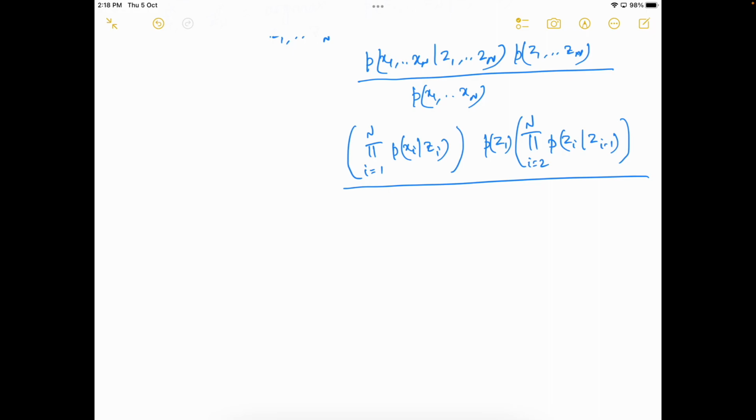Basically this term is a constant with respect to z, so we don't need to evaluate it. It does not play any role in optimization, so we can leave it like this. If you want to write it, you can say this is P of x comma z summed over all z, which means the numerator only, but summed over all z. But it does not play any role in the optimization, so we omit this term.